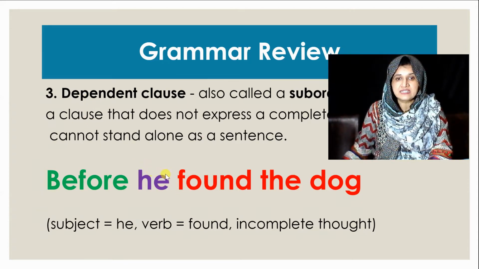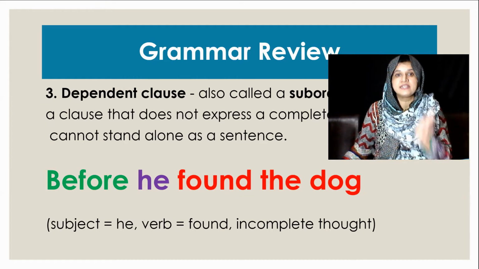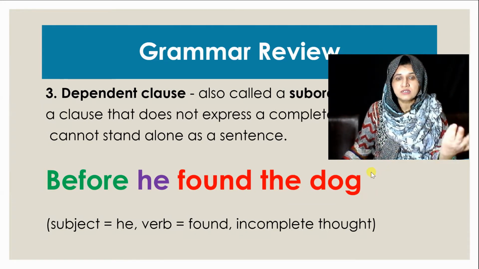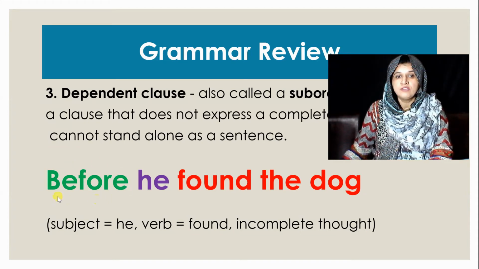Like you can see here in this dependent clause, he is the subject, found the dog is the predicate. But one thing which is missing in a dependent clause is complete sense, complete meaning. It needs an independent clause in order to give the complete meaning. Like before he found the dog, then what? By adding this subordinating conjunction, we just made one dependent clause, and you can see that it's not giving us a complete thought, right?